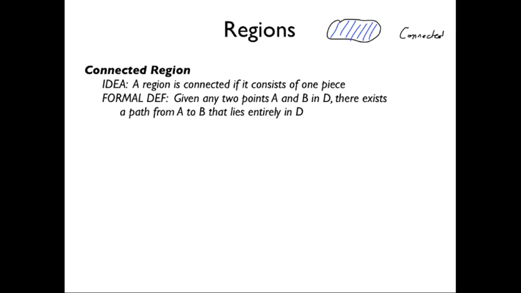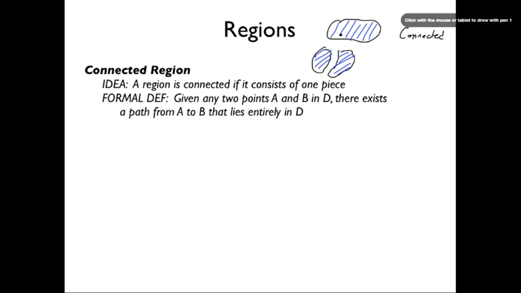If it's not connected, it's not one piece, right? So the formal definition then would be, given any 2 points in D, there exists some path from A to B that lies entirely in D. All right, so that's the formal definition of a connected region.